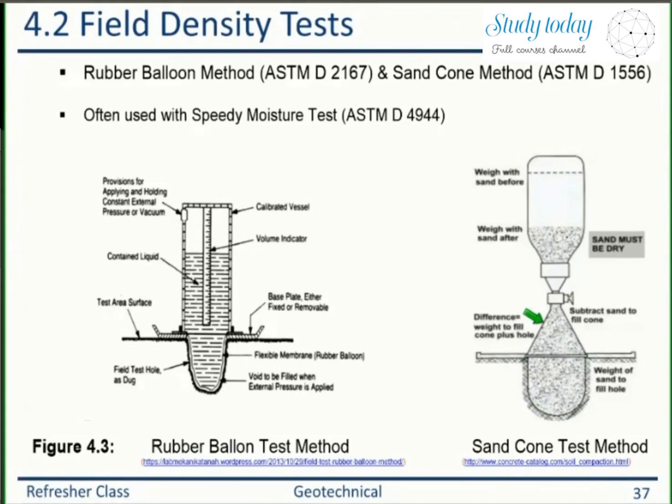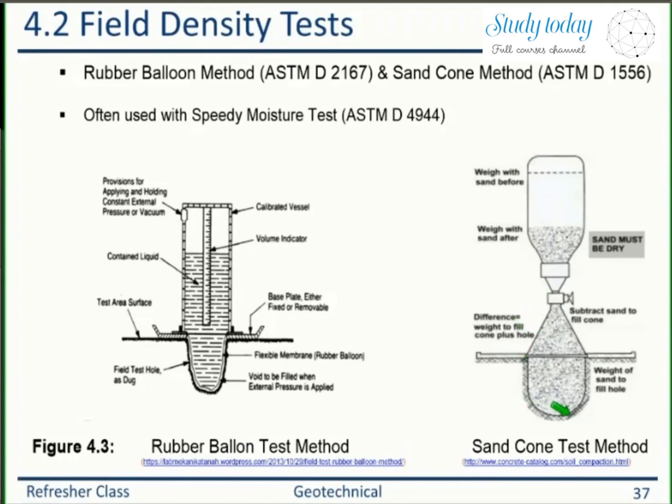So the amount of sand in the cone, in terms of weight or volume, will be given by the factory. The factory which produced this sand cone apparatus will give you this. This is standard, right? Then you can calculate the total weight, whatever is lost here.